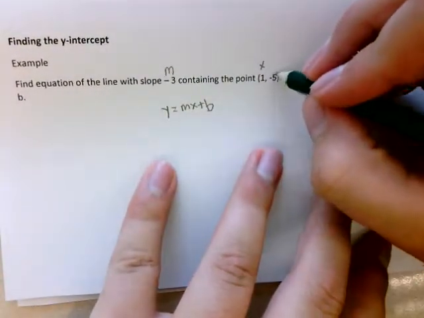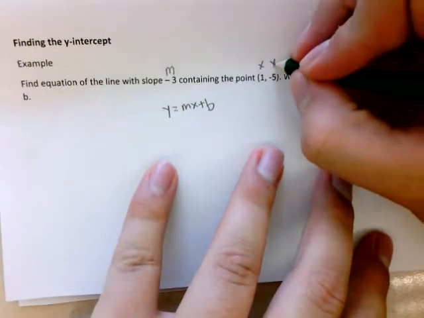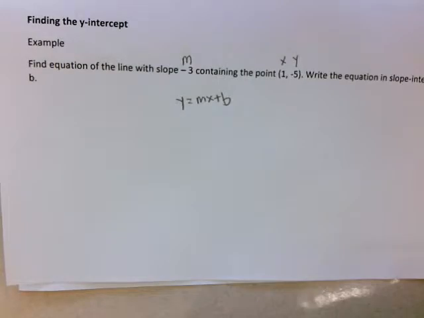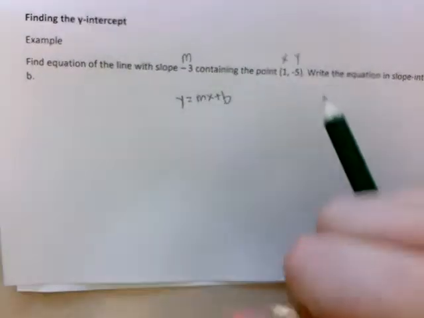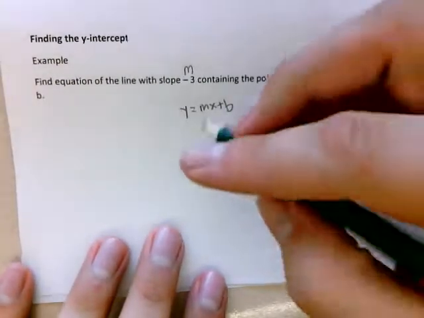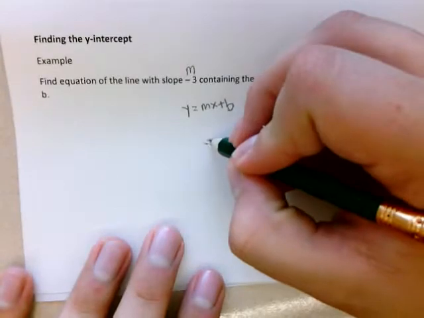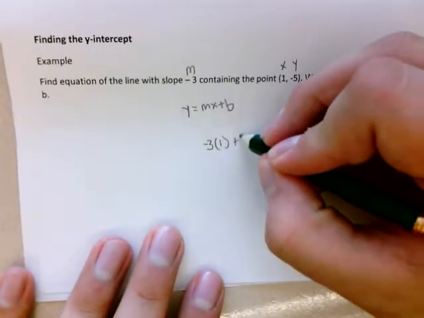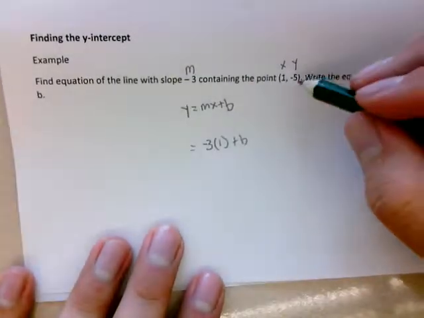We have our y, which is -5. So, this is a little trick to finding your b. We know these 3 letters. What we're trying to find is the 4th letter. So let's just fill this in. M is -3. X is 1 plus b. Y is -5.